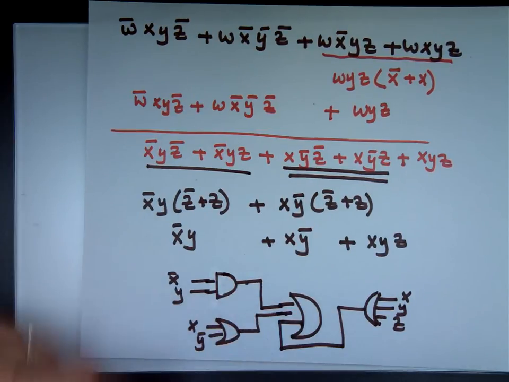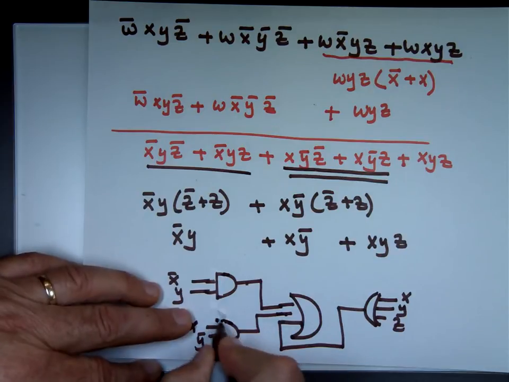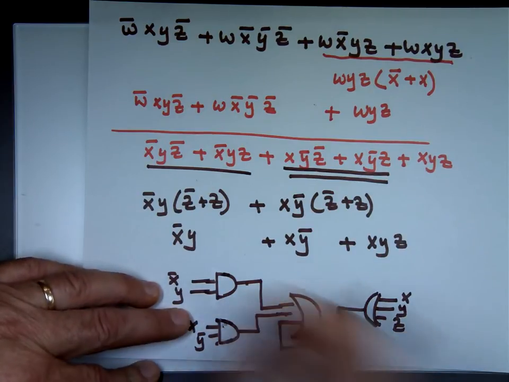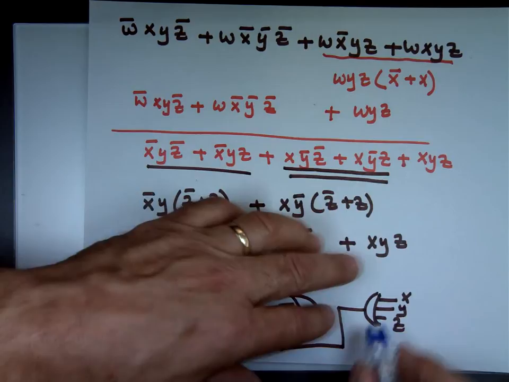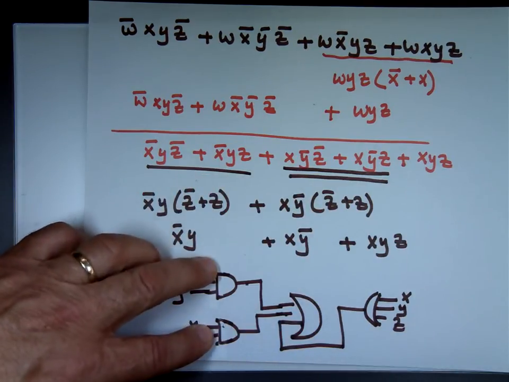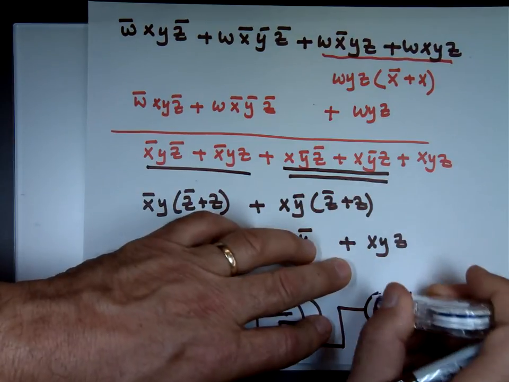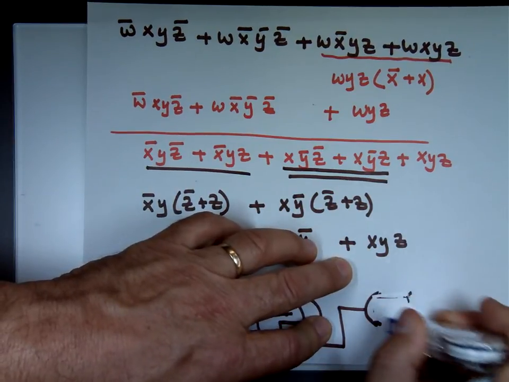And now this is supposed to be an AND, but I got a problem. I got a chip that has 4 AND gates. I only use 2 of them. See that one right there? So what can I do? I don't want to have another chip with a 3 input AND gate.